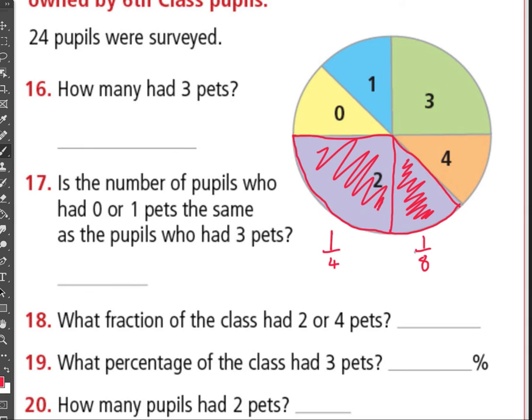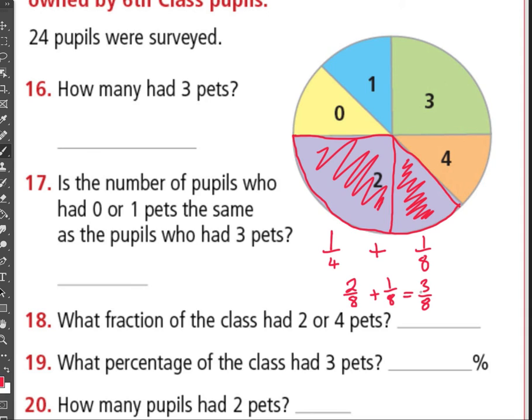We want to add these together to find out how many had 2 pets. So a quarter of the class and an eighth of the class. Now we can't add a quarter and an eighth directly, so what we need to do is turn them both into eighths. A quarter is 2/8, and if we add 1/8 onto that, altogether we get 3/8.